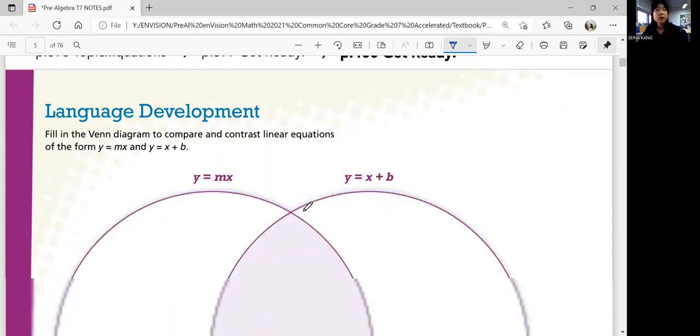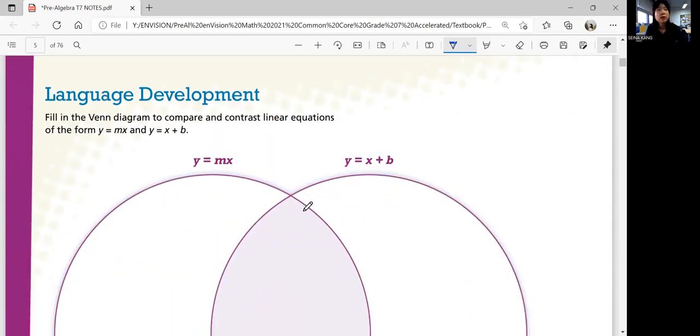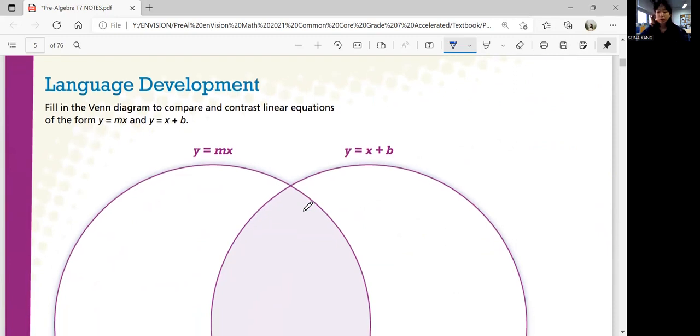Okay, the next page, language development. Fill in the Venn diagram to compare and contrast linear equations of the form y is equal to mx and y is equal to x plus b. What are some examples for these forms? Your x and y are variables in the equation. So they're always going to be x or y in your equation, but you need to know the slope and the y-intercept.